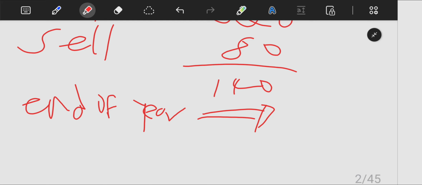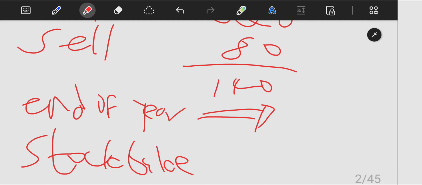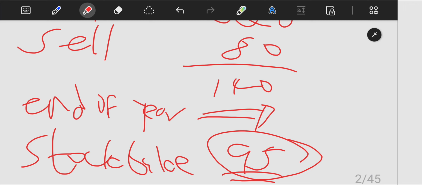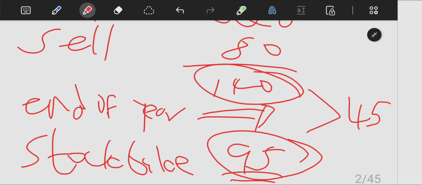When we go and count, we find that our stock take tells us that we have 95 in stock. But the books are saying 140. So it means that it's less. By how much? 140 minus 95: 45. We have lost 45.